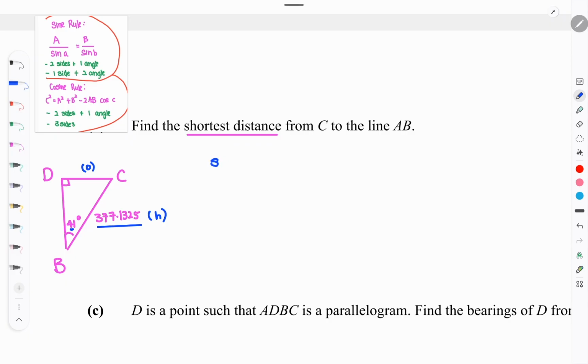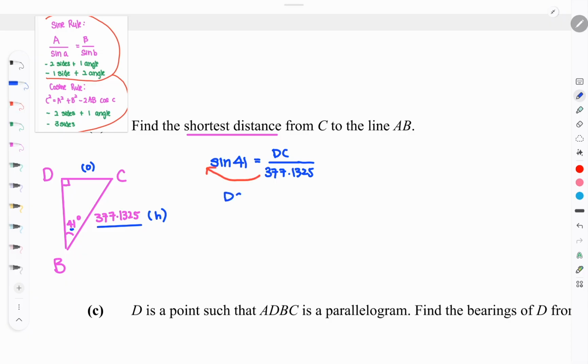I will use sine. So sine 41 equals to DC, which is the one that I'm finding, over the hypotenuse, which is 377.1325. I bring my denominator to the other side.